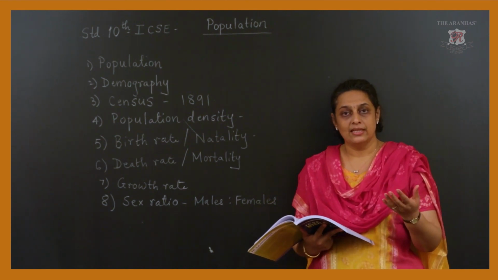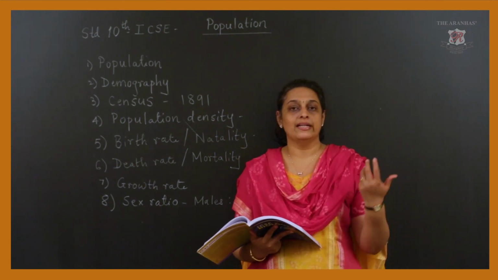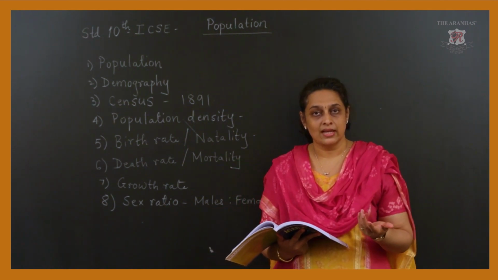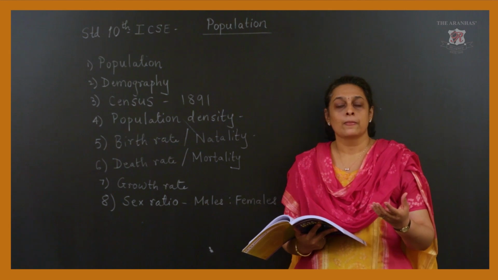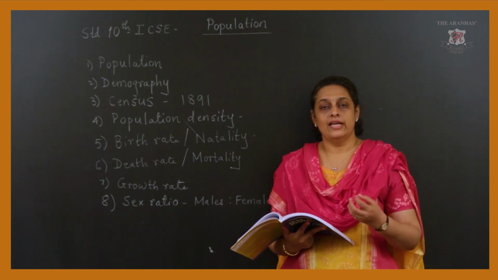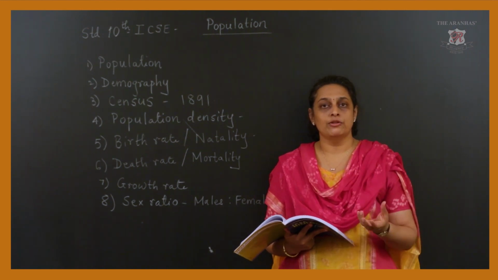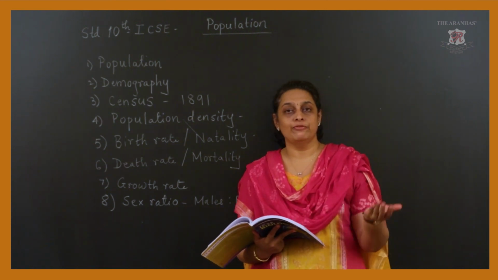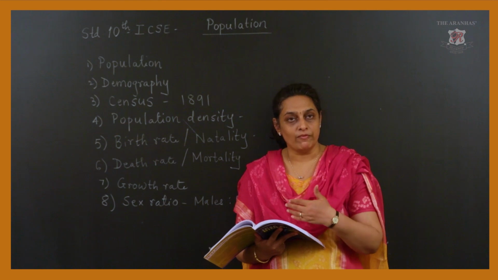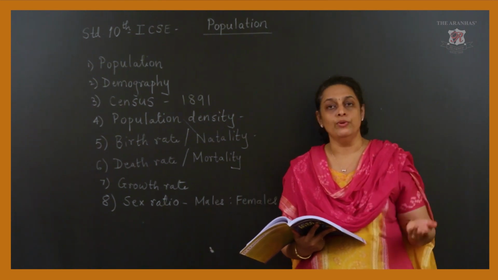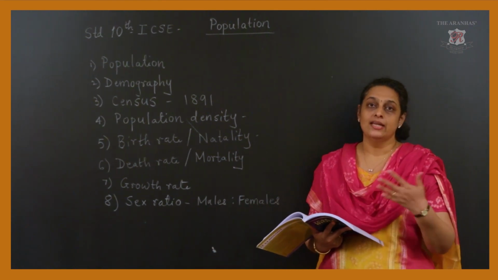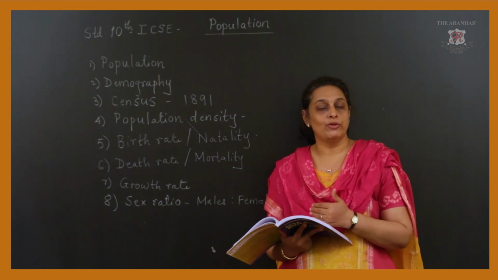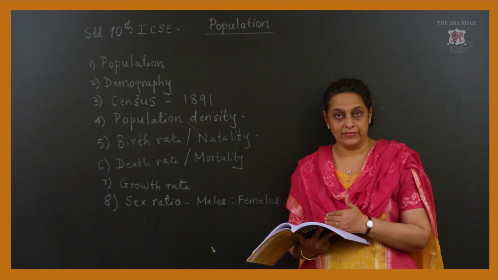That means they were gathering food, they were hunting other animals, and there were many controlling factors on human beings, and it was a kind of nomadic life. They were moving from one place to another in search of food, and that is why the death rate was comparatively higher and population size was limited.